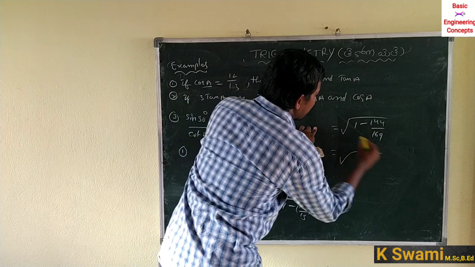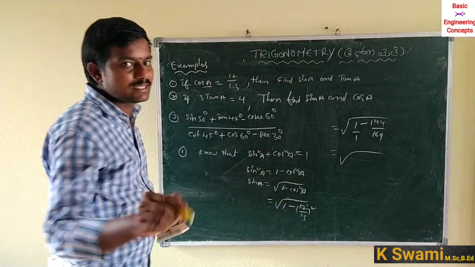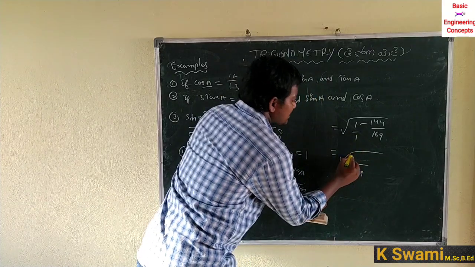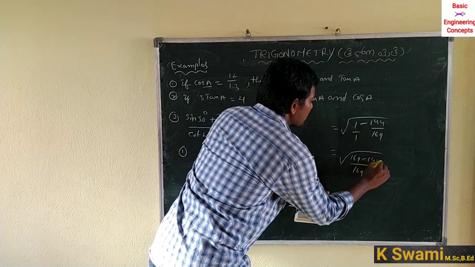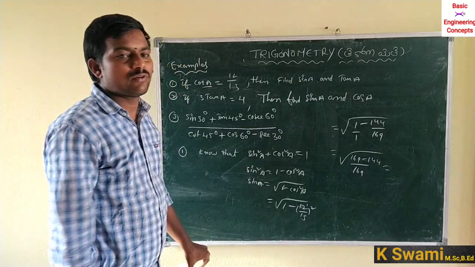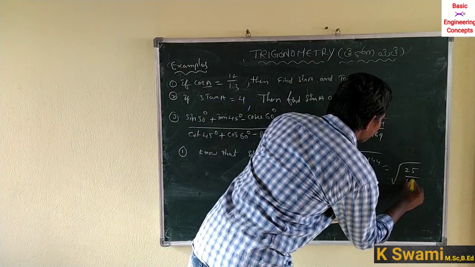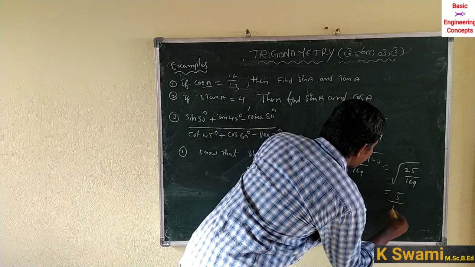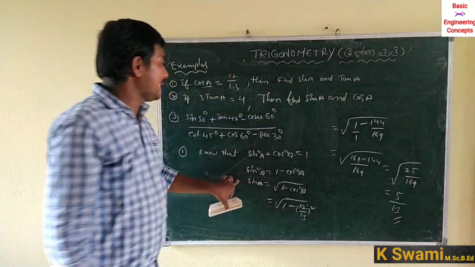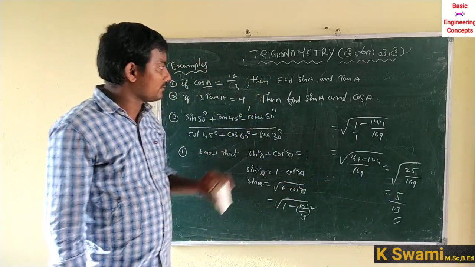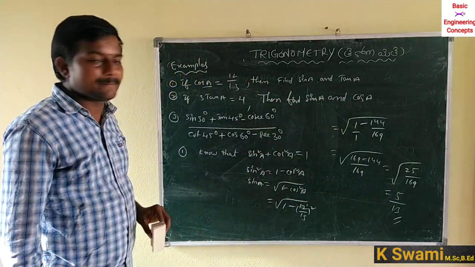The LCM of 1 and 169 is 169, so 169 minus 144 is equal to 25. Square root of 25 by 169 is equal to 5 by 13. So sin A is equal to 5 by 13. Finally, find tan A.